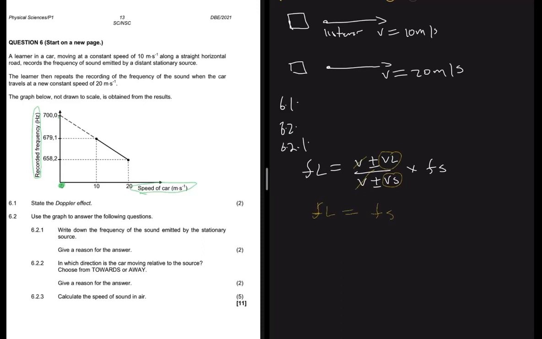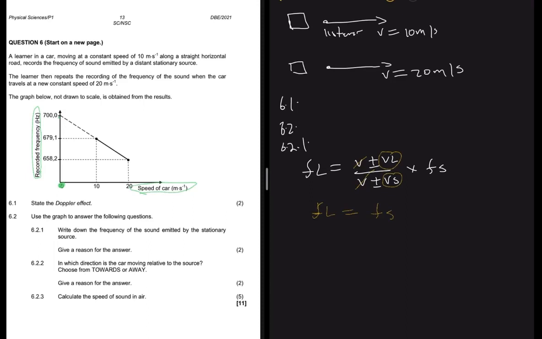As far as we know, the velocity of the sound source is 0, right? Because it's stationary. So we go to the graph and look at a point where the velocity of the listener, or the car, is 0, so that the frequency of the listener can be equal to the frequency of the sound source.